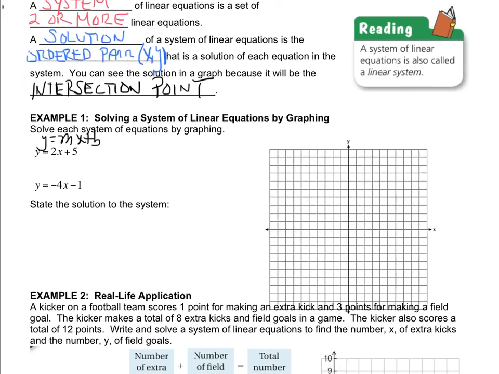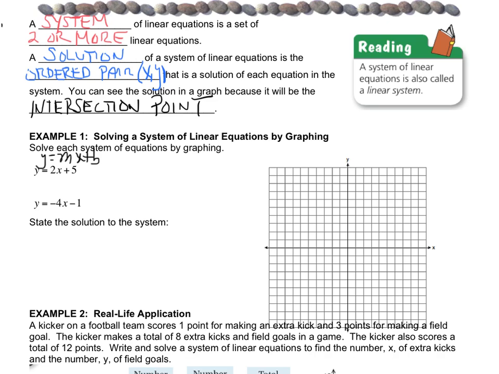So let's look at this first example. We already have the x and y axes drawn in. We have these two equations, y equals 2x plus 5. What that is basically telling us is the following. 2x plus 5: 1, 2, 3, 4, 5, so 5 is my y-intercept. That's the b value right there. The 2 is telling me my slope is 2.